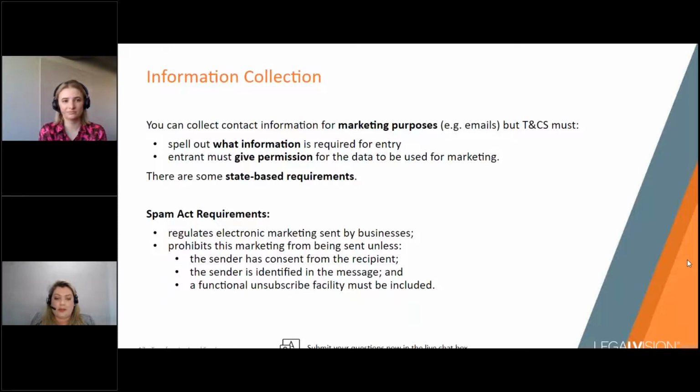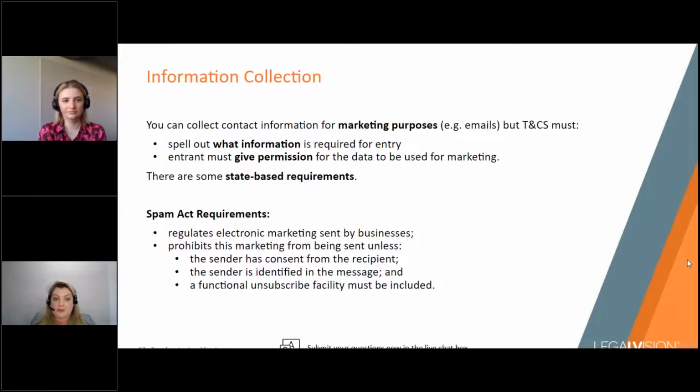As a general matter, businesses should always be aware of their requirements in terms of advertising to consumers under the Spam Act and the Privacy Act. The Spam Act regulates the marketing of electronic communications sent by Australian businesses, and it prohibits the sending of electronic messages unless the following conditions apply. The sender has consent from the recipient to such commercial messages.